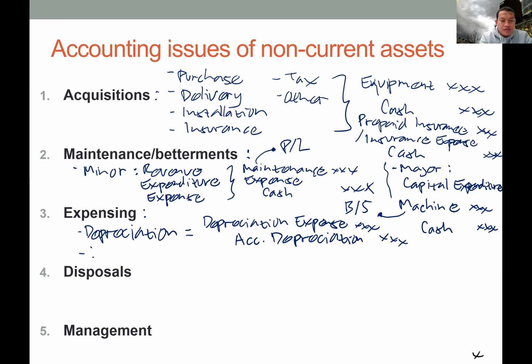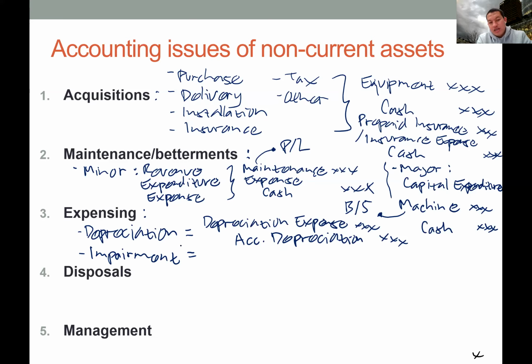And the next one is the impairment. If the recoverable value of this asset is declining rapidly, faster than the depreciation expense, then the company needs to do some impairment.